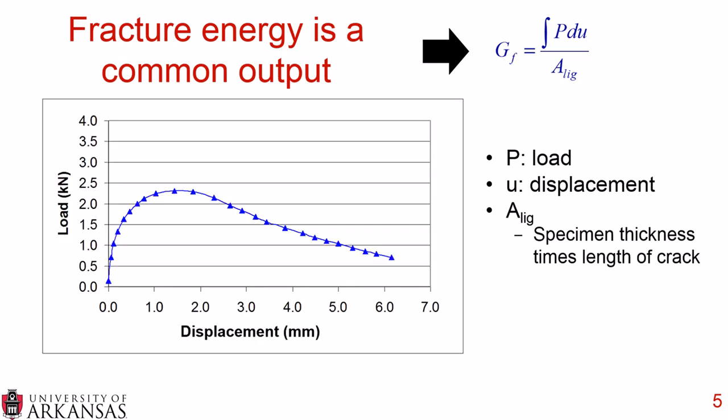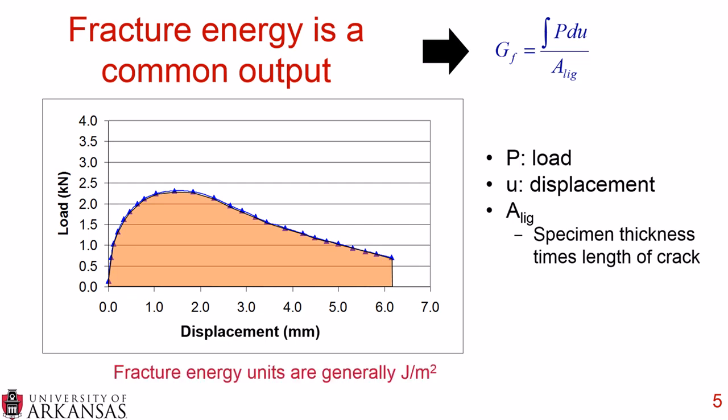So again, if we take our load displacement curve, essentially the fracture energy is the area under this curve divided by the ligament, or the surface area that the crack creates in the sample. And typical units for fracture energy are joules per meter squared.